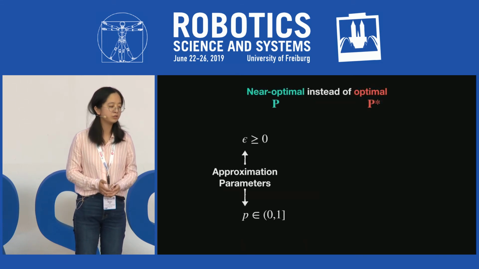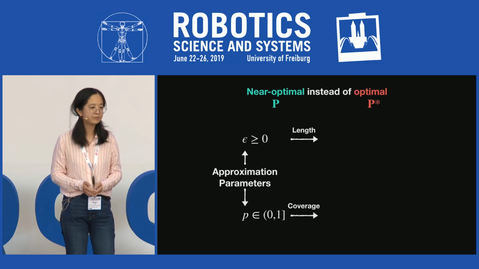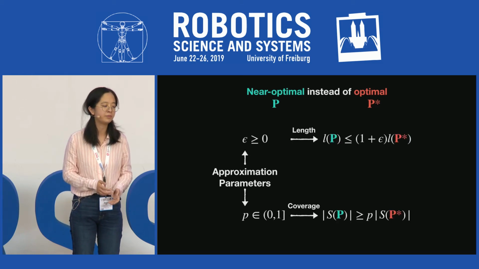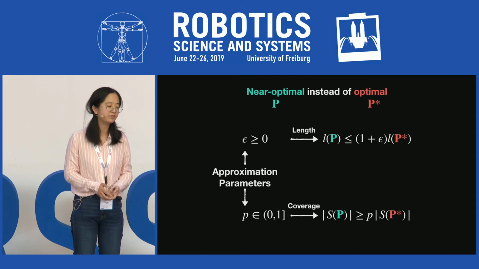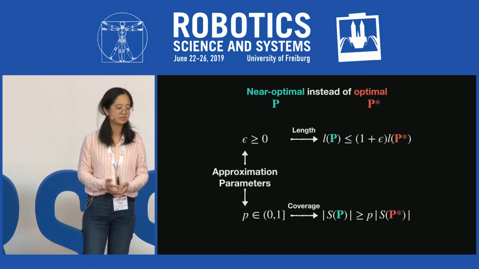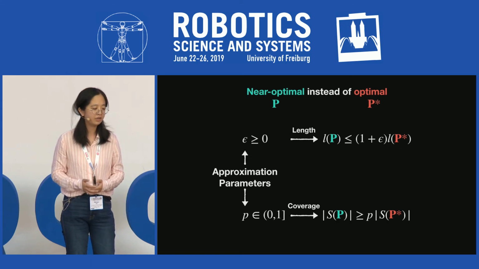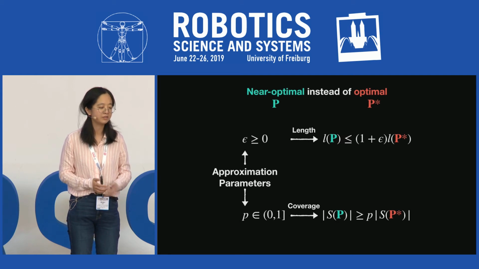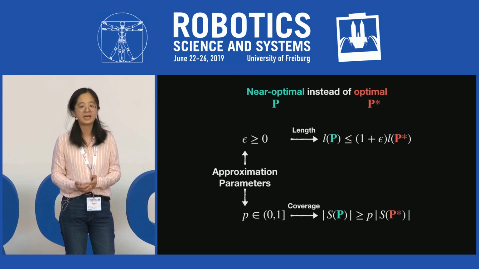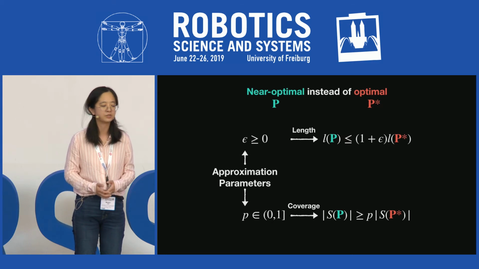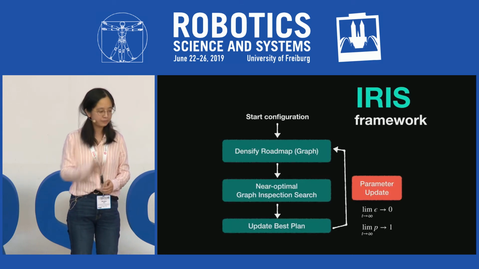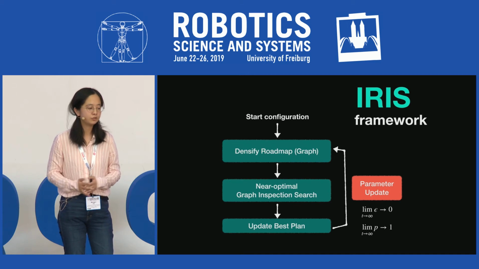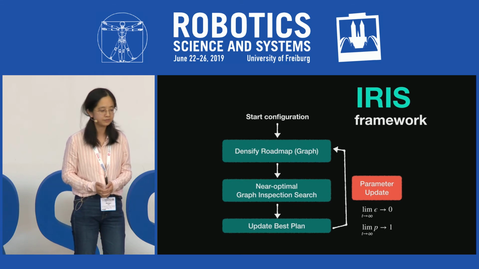Here we introduce two approximation parameters. Epsilon defines a relative upper bound for the plan length, and P defines a relative lower bound for the size of inspection coverage. We believe this is the main algorithmic contribution that could have applications beyond inspection planning. We do a parameter update between iterations to guarantee asymptotic optimality.